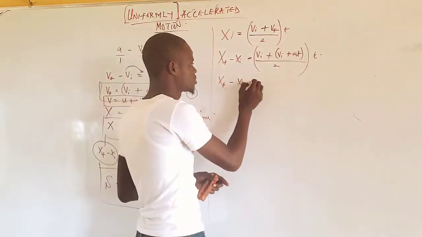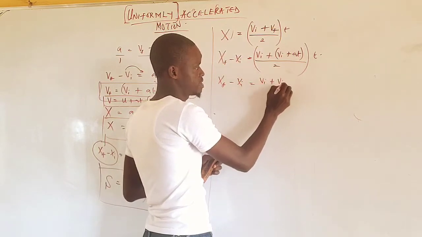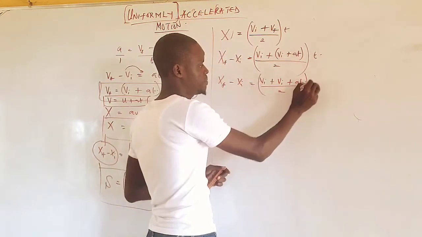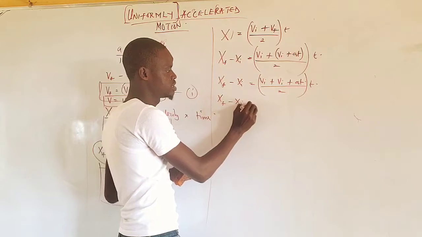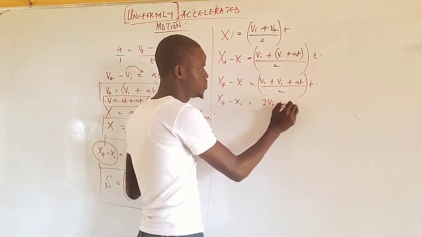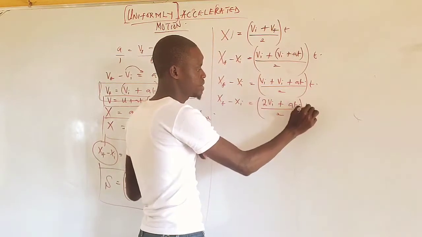How do we get something now? It equals my vi plus acceleration times time, all over 2 multiplied by time taken. Then I can have sf minus si equal to 2vi, so initial velocity, plus at, all over 2 multiplied by time taken.